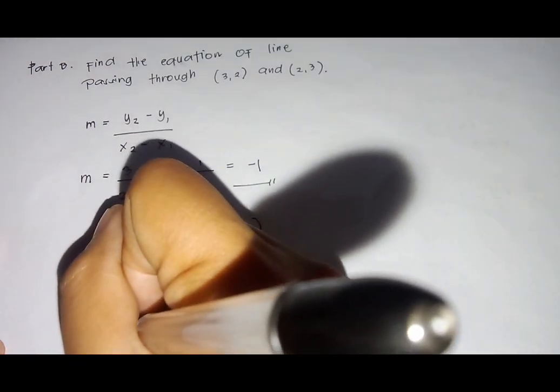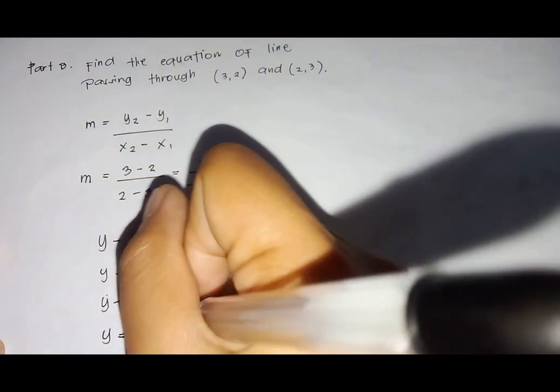Then y - 2 = -x + 3, so y = -x + 5. The equation of the line in slope-intercept form is y = -x + 5.